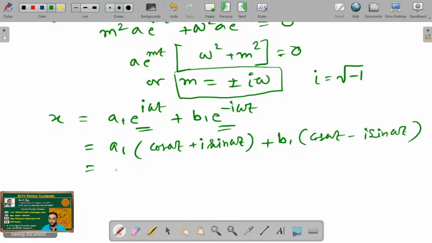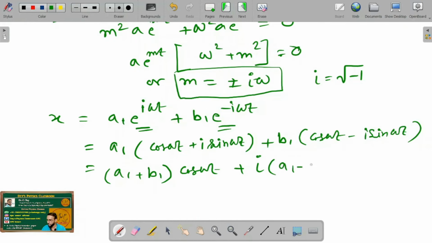If we take the cosine term and sine term together, we will get a1 plus b1 into cos of omega t plus i into a1 minus b1 sin of omega t.